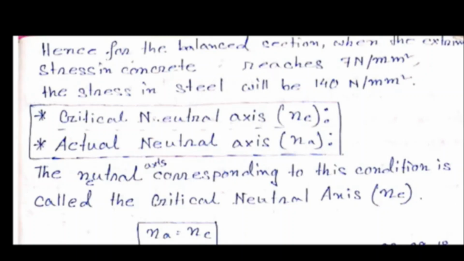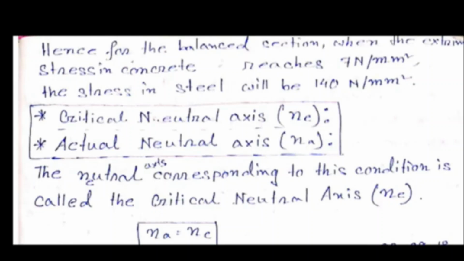The position of neutral axis with this condition is called the critical neutral axis, which is denoted by small n suffix c in case of WSM. There is another term, that is the actual neutral axis.